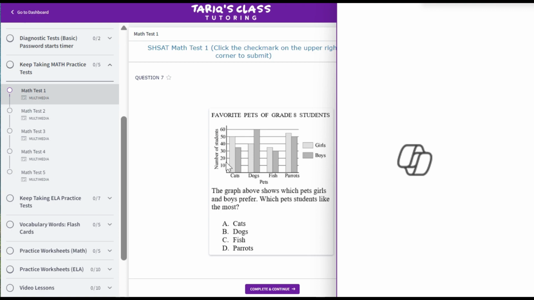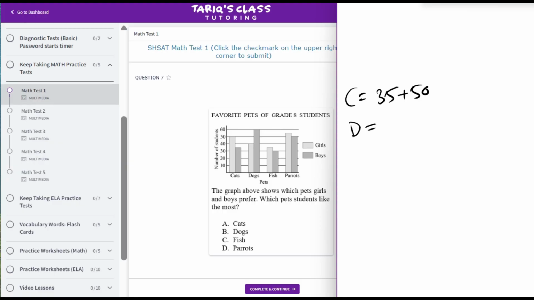So you can just see cats. I have 35 here, and the girls liking cats is also 50. So the cat gets a vote of 35 plus the 50.